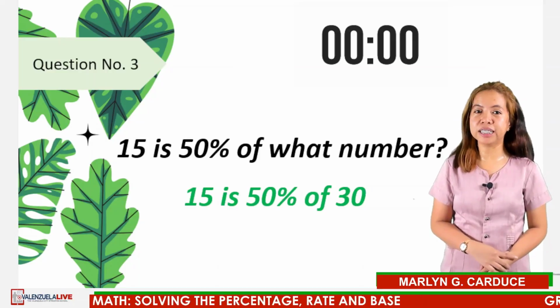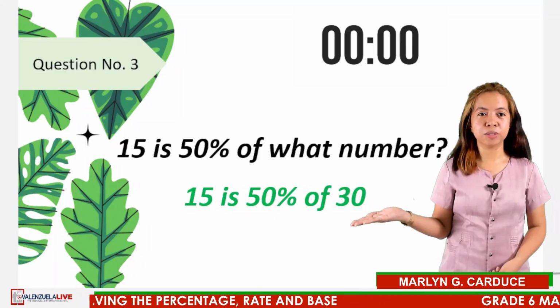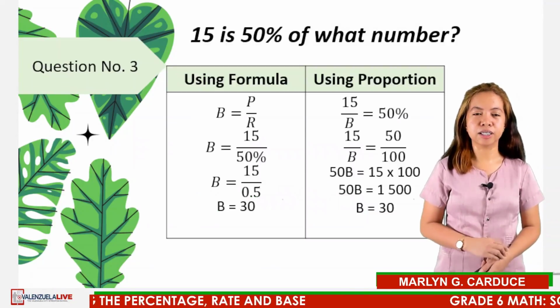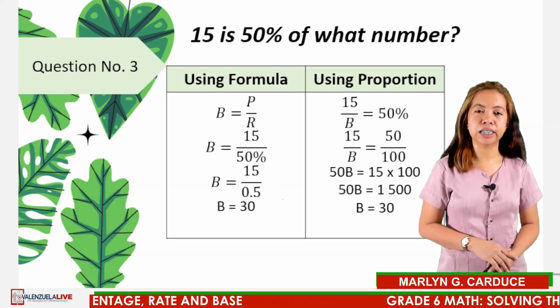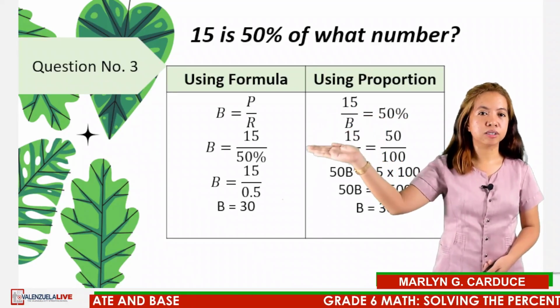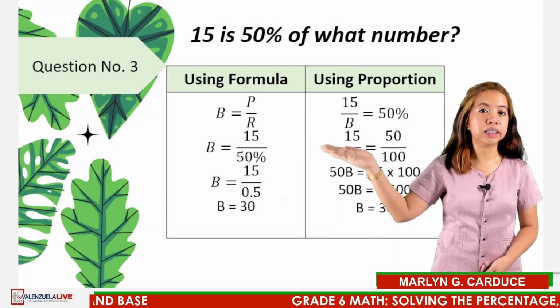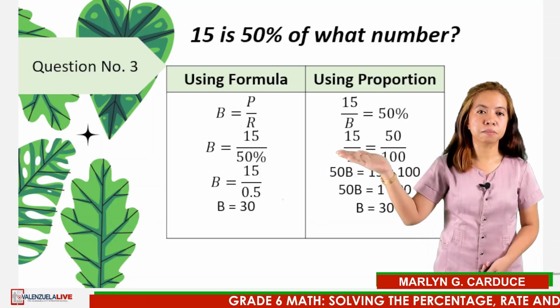So 15 is 50% of 30. So how did we get 30? Let's look at the solution. Using the formula, base is equal to percentage divided by rate. So substitute all the values of the percentage and the rate. That will be 15 divided by 50%.